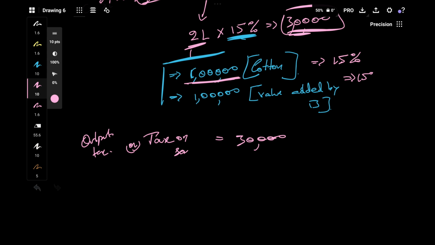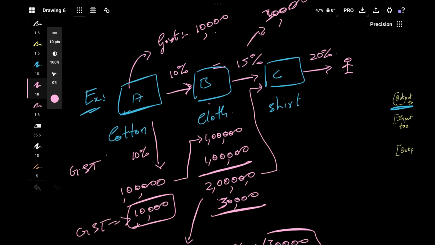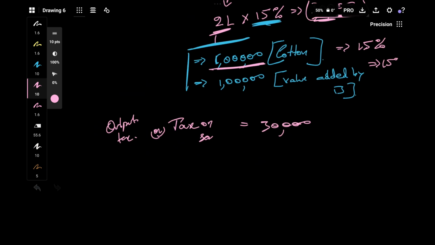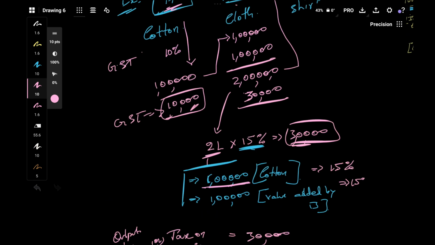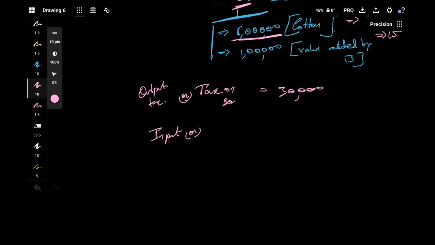This is 30,000. So earlier to this, B has bought the goods from A. At that time he would have paid some tax, that is 10,000. So in the beginning, when B bought goods from A, at that time B paid some tax, that is nothing but input tax, or tax on purchase, that is 10,000.